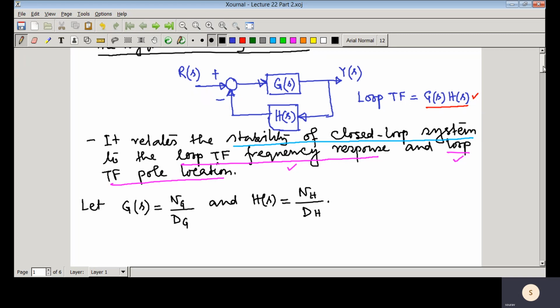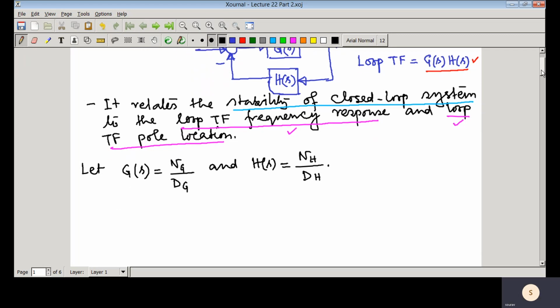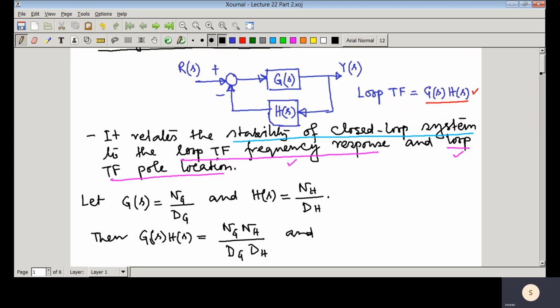Then what would the loop transfer function be? G(s)H(s) would be NG NH divided by DG DH. And what is the characteristic polynomial for this closed loop system?